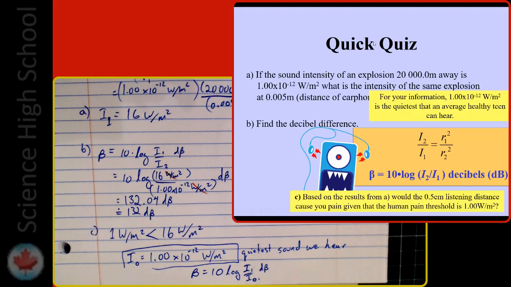Okay, and that's going to show up in your homework as well. If it asks you to calculate decibel for a particular intensity, you're going to use this for a standard decibel. But if it gives you two intensities that you're comparing, then you're going to have to use an I1 and an I2, those two intensities, to compare a decibel difference.